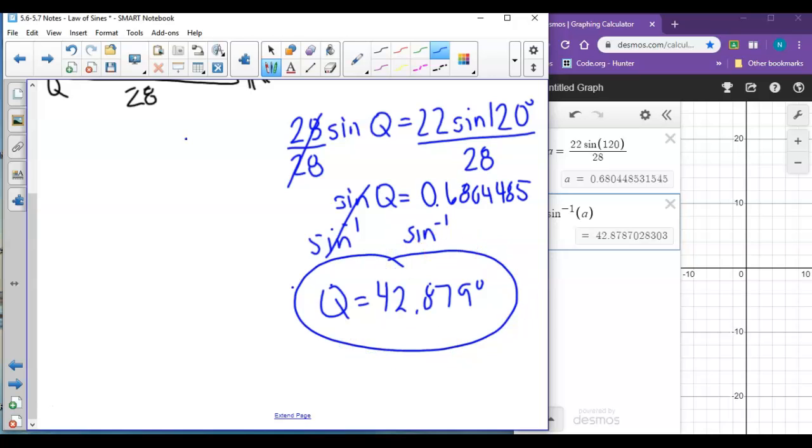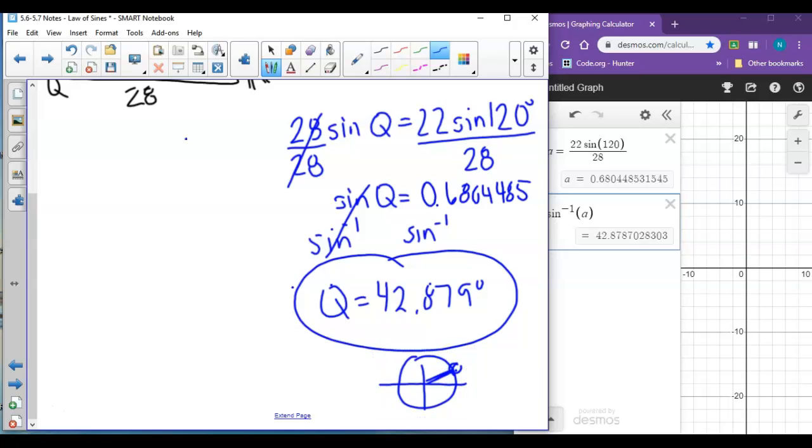Except we do have to check for the ambiguous case here. If you think of the unit circle, we're finding a value right here, which is 42.879 degrees. So our answer we're finding right here.